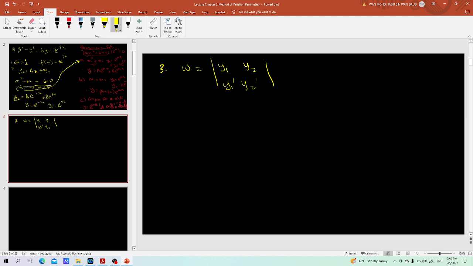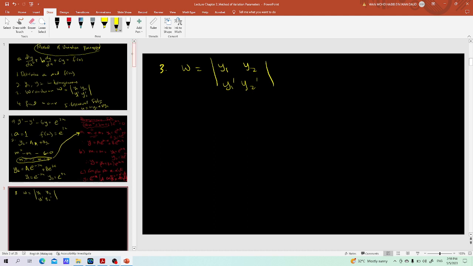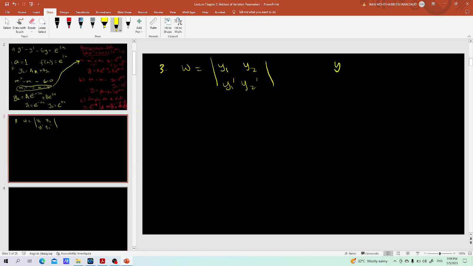Right, so here y1 equals e^(-2x). To get y1 prime, we differentiate e^(-2x), so we will have -2 e^(-2x).